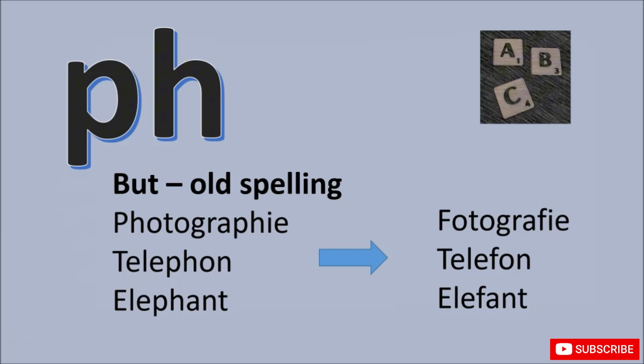But because they so obviously sound like an F, during the spelling reform in 1995, that's been changed. So nowadays, you'll find the words written with an F. Fotografie, Telefon, Elefant. Depending on if you're reading a German book, even a German textbook, if it was written before 1995, it most likely will have the old spelling. It's just something to be aware of.